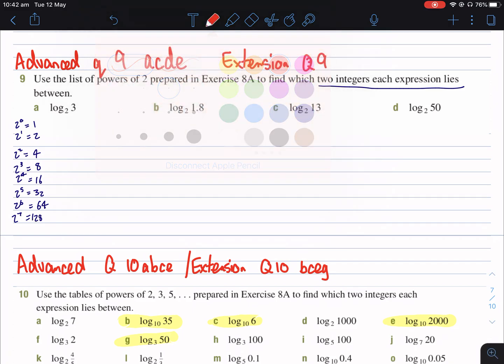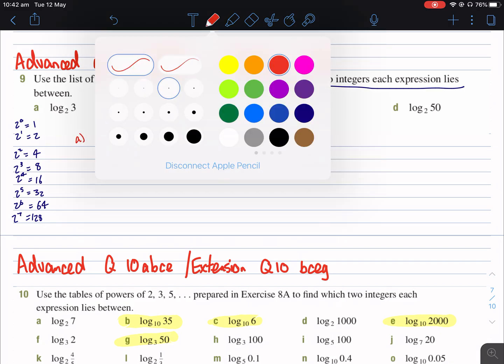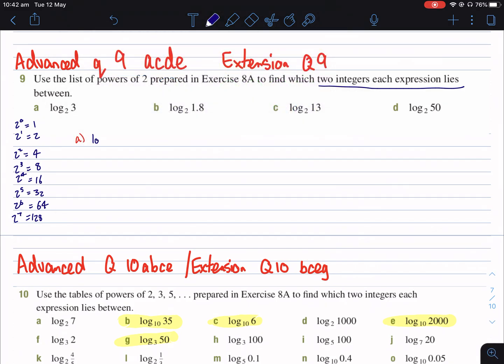So if I'm answering question A here, log base 2 of 3, and that's 2 to the what equals 3. So here, 3 is between 4 and 2.